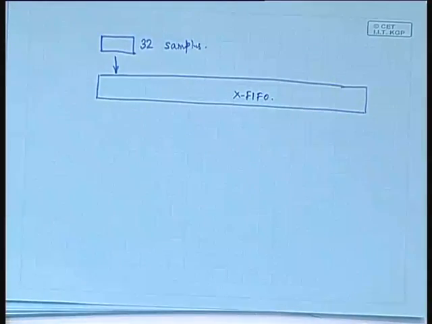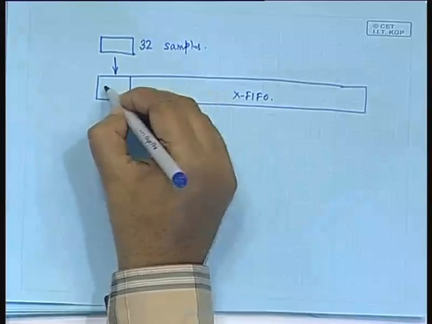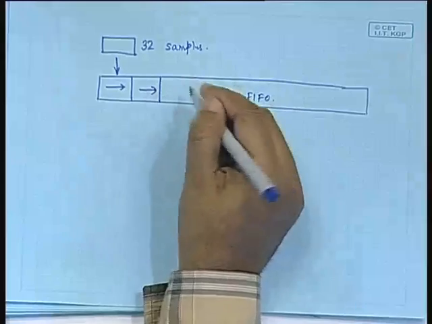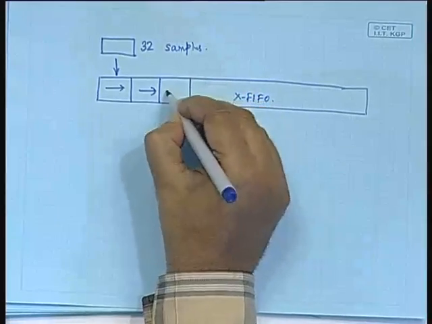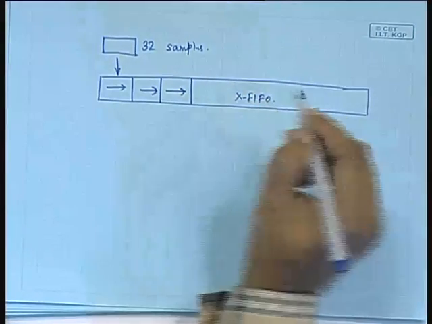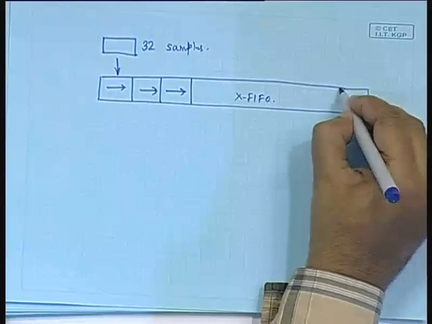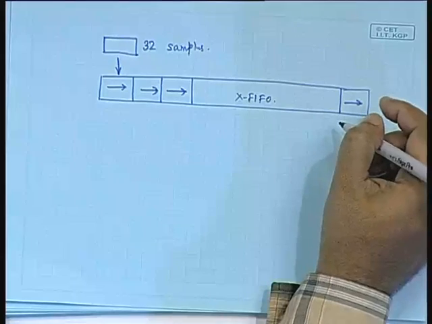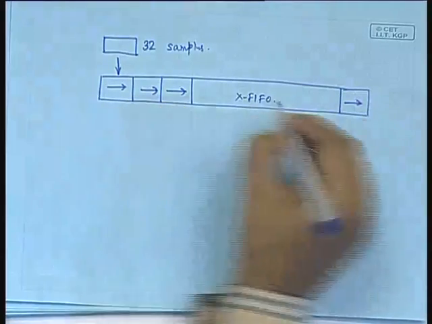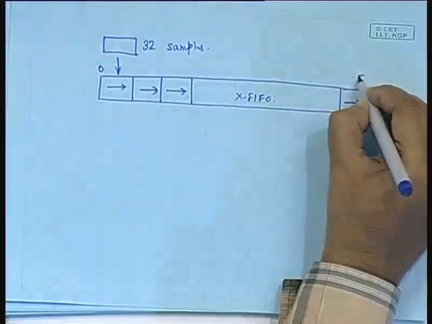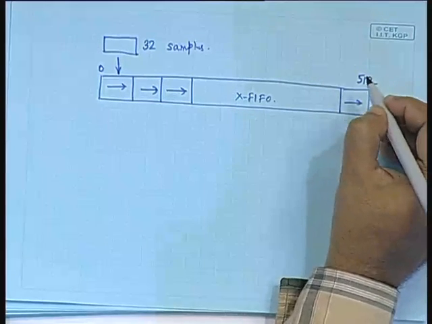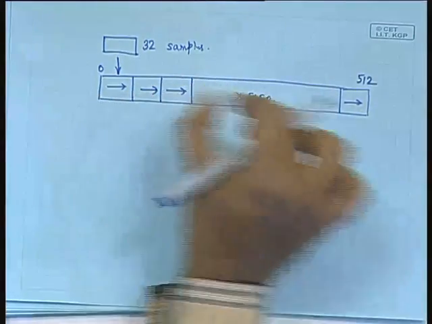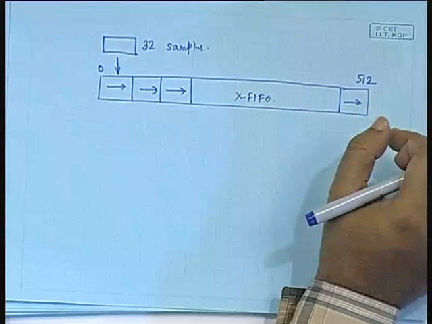Okay. So, here we have the first 32 samples, here we have the earlier 32 samples, here we have the earlier block of 32 samples. Like this we have got 16 previous blocks of 32 samples. So, this buffer is of size 512 samples, this buffer stores up to 512 samples. So, that we have got 16 blocks of such 32 samples. Okay.